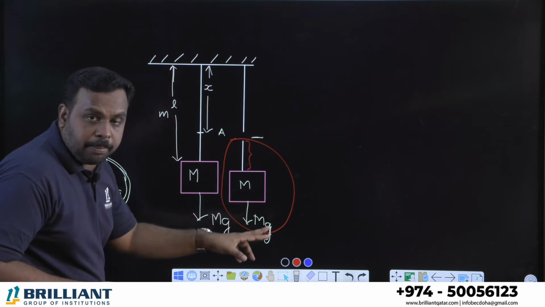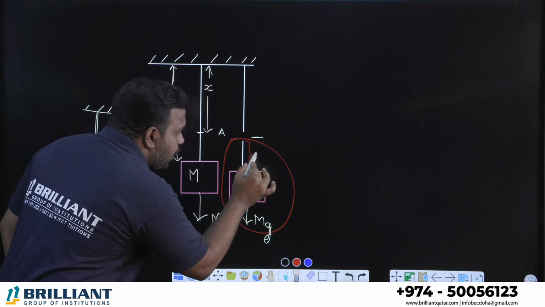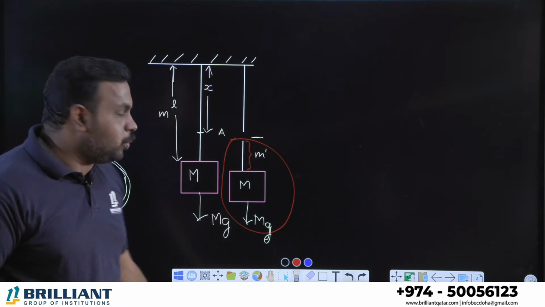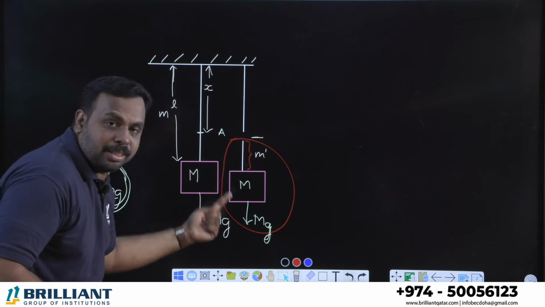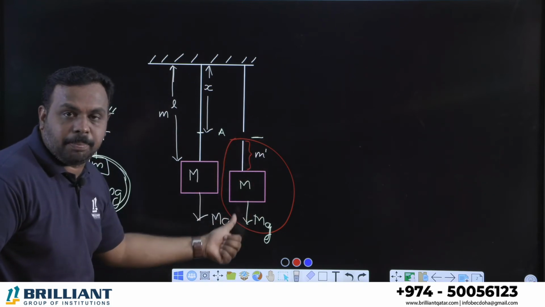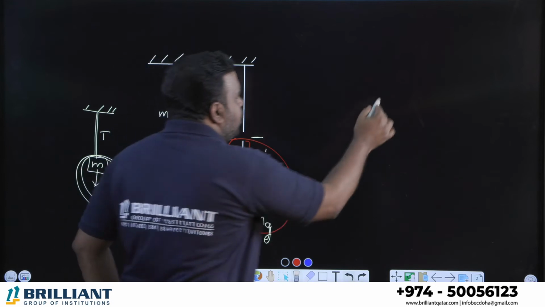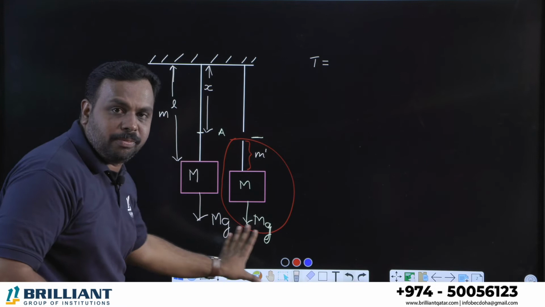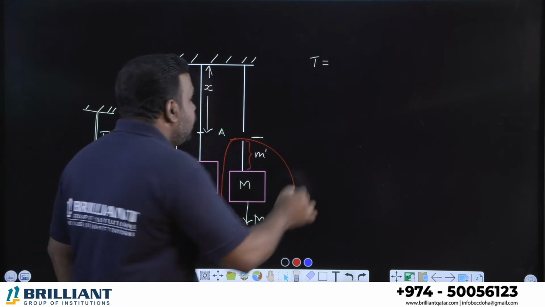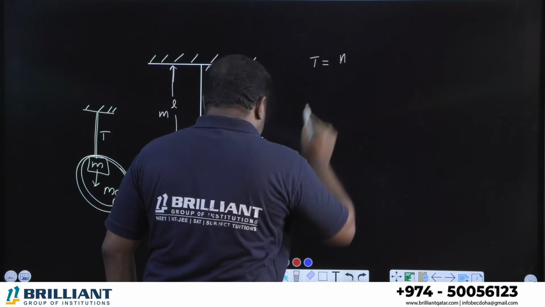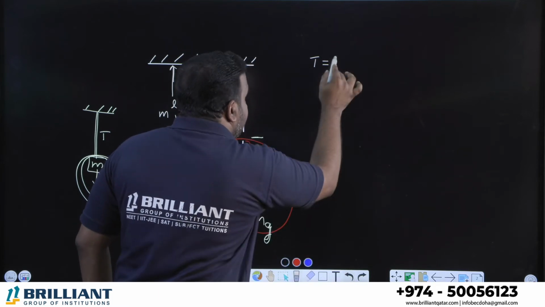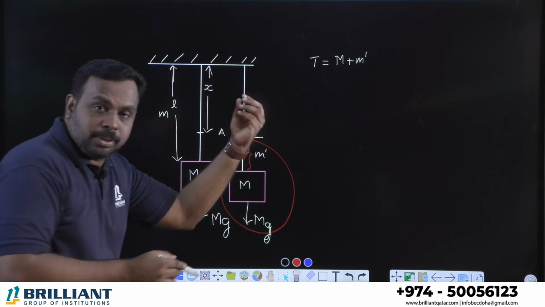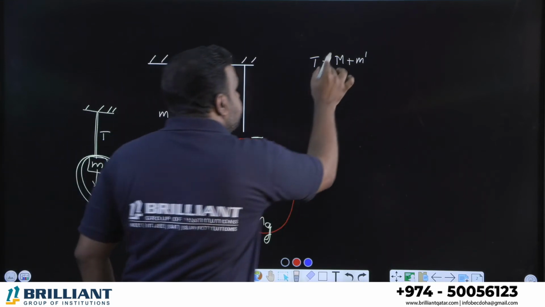What is the mass of the block? It's capital M. Let's take the mass of this much part of the string as m dash. So what will be the total mass of this part? It will be capital M plus m dash, right? So surely we can write tension is equal to the weight of this much part of the system, that is (M plus m dash) into g.